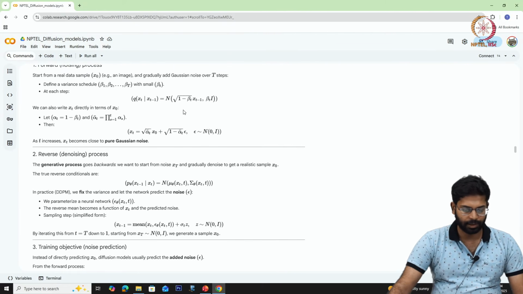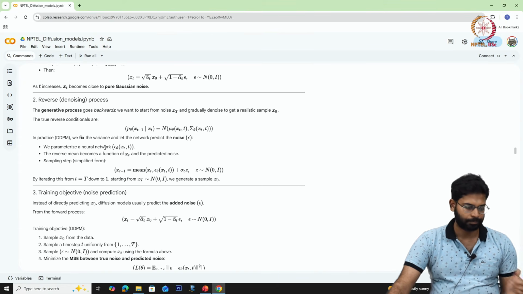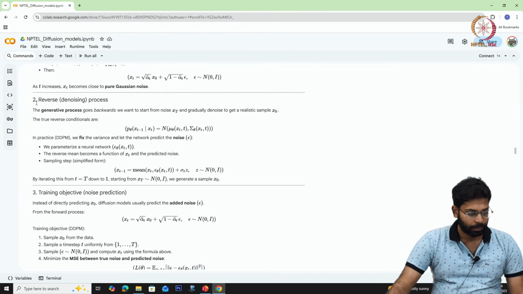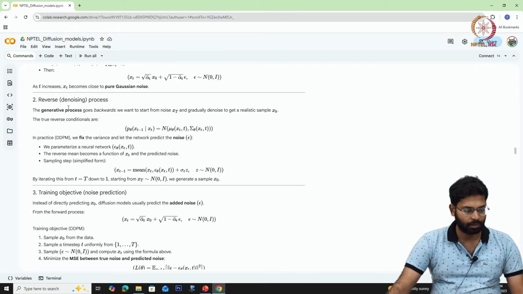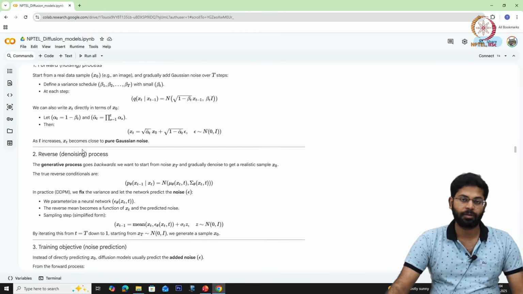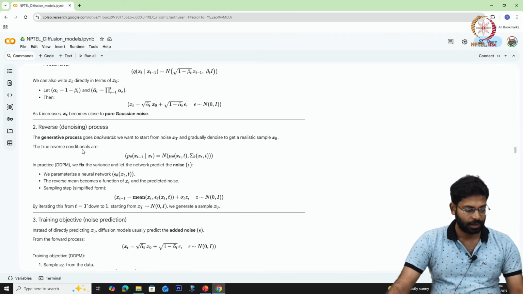You can simply see that as t increases, this root over 1 minus beta t goes to 0. So this mean becomes 0, and it becomes a pure Gaussian. Now that is the forward noising process, but what about the reverse process?